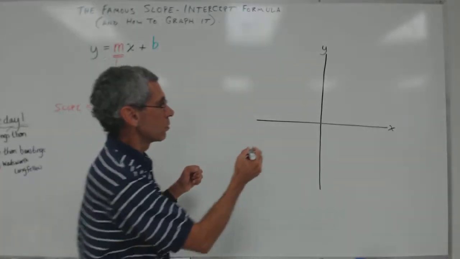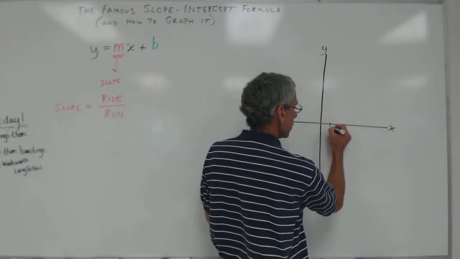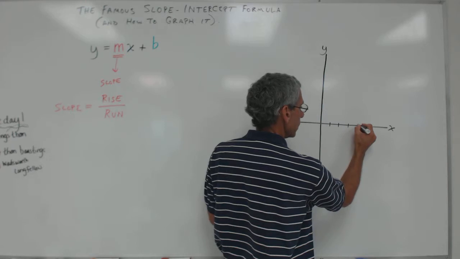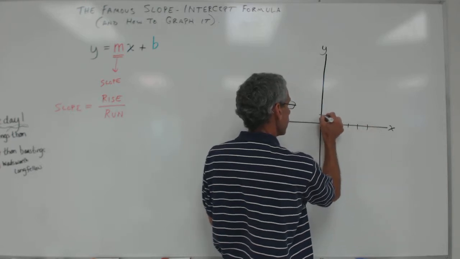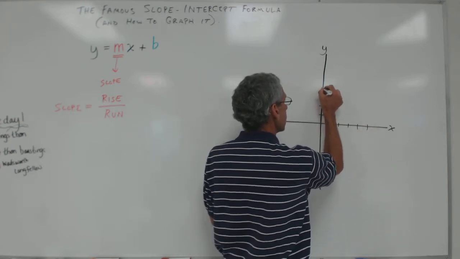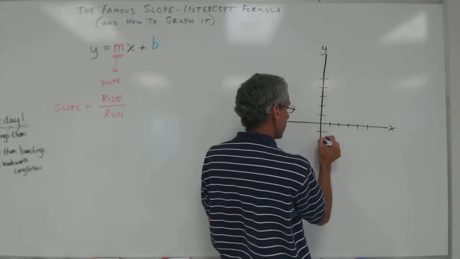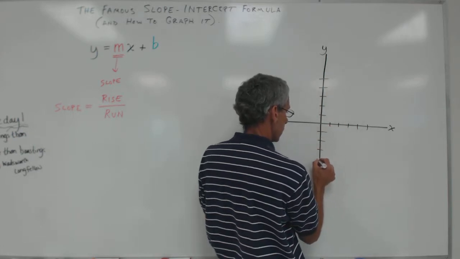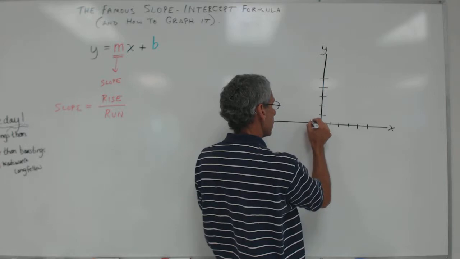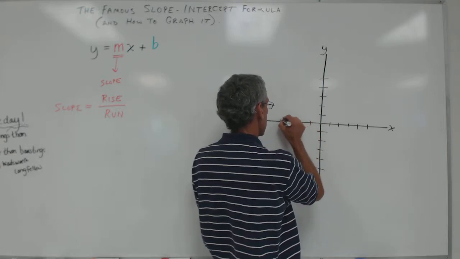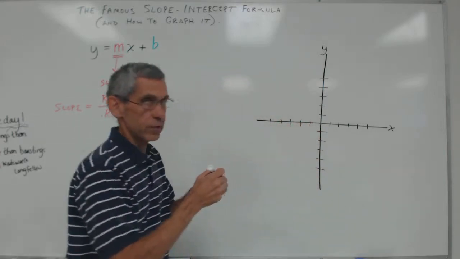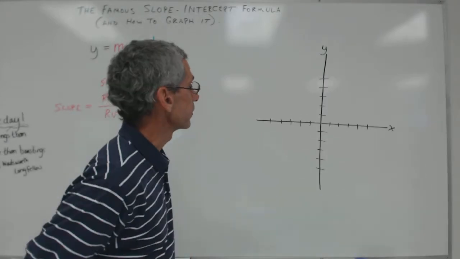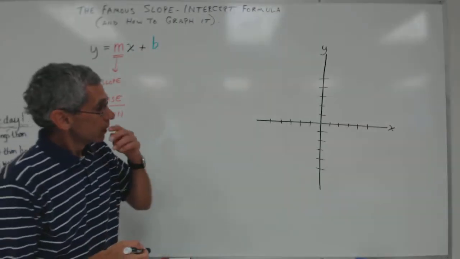Okay, so 1, 2, 3, 4, 5. 1, 2, 3, 4, 5. I do have to get a board that has a graph on it sometime. But anyways, so here we go.